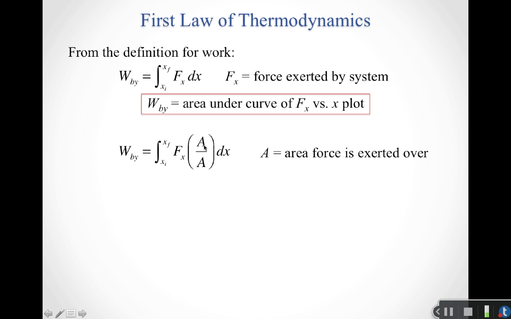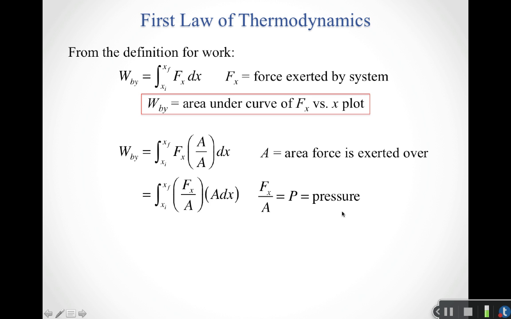All we're going to do is take exactly that equation and multiply it by a particular version of the number 1. This is just A over A, so it's really just the number 1, and I can multiply anything by 1 without changing it. But here I've picked this special version, the area the force is exerted over divided by the area the force is exerted over, and then I can rearrange those terms.